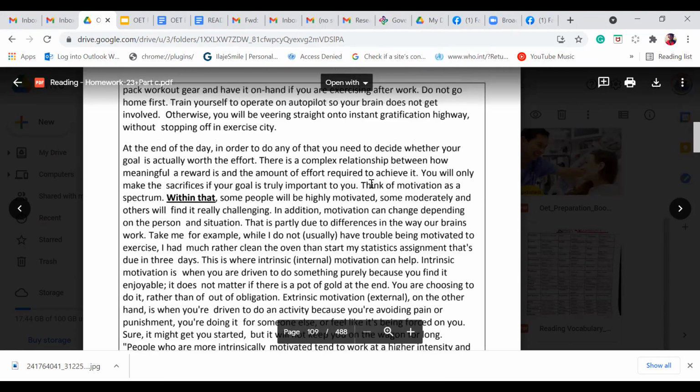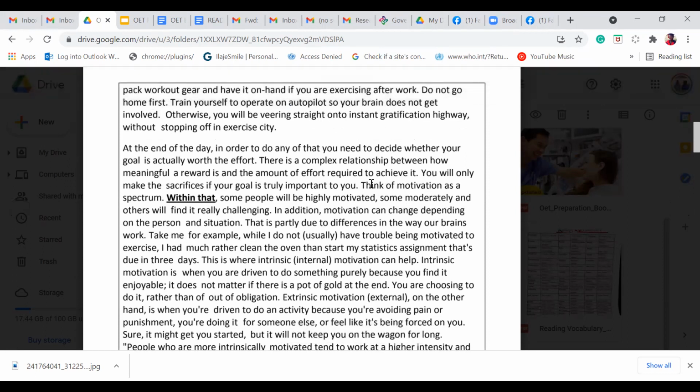Within that. So when we have something like this, try to read the sentence that is before it, okay? Read one or two sentences before the word in bold or underlined. That will give you an idea of what they're talking about. There's a complex relationship between how meaningful your reward is and the amount of effort you have to achieve it. You will only make the sacrifices if your goal is really important to you. Think of motivation as a spectrum within that.